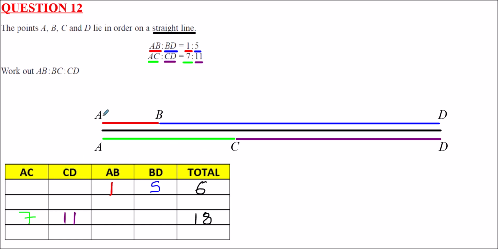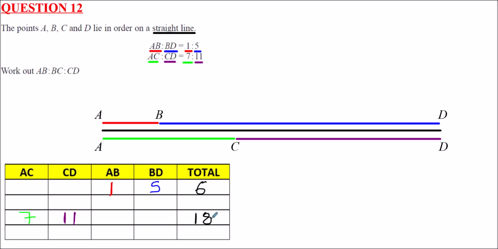Now, AB to BD represents the full line, as does AC to CD. So these ratios are both representing the same total, but yet the totals don't add up. They don't match up right. So what we need to do here is to get these total numbers to match, because the totals relate to the same total length of this line. 6 isn't the same as 18.